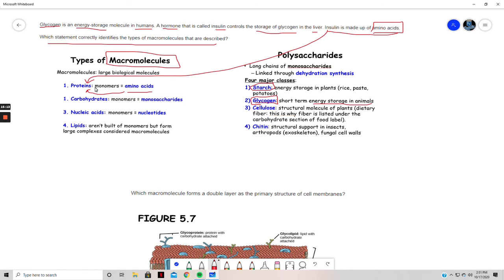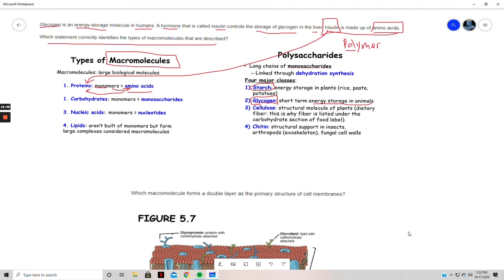It's just important to understand that connection between the monomer and the final product. So insulin would be a polymer, while the amino acids are monomers. Mono meaning one, poly meaning many, and that's the idea behind this question and the connection with the macromolecules.